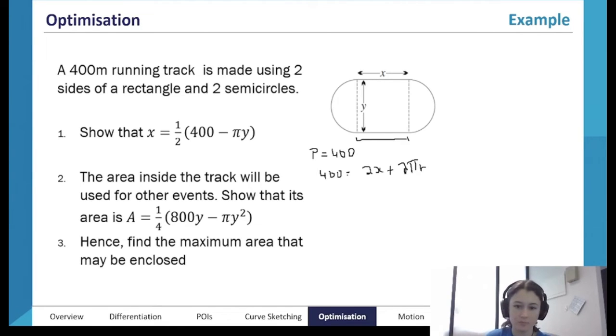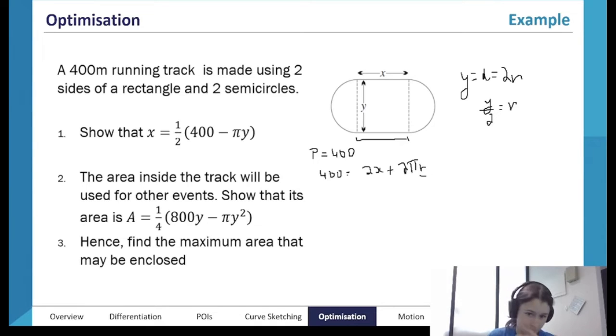And now what you might notice is that we can express this r in terms of y, because y is equal to the diameter, which is equal to 2r, meaning that y on 2 is going to be equal to the radius.